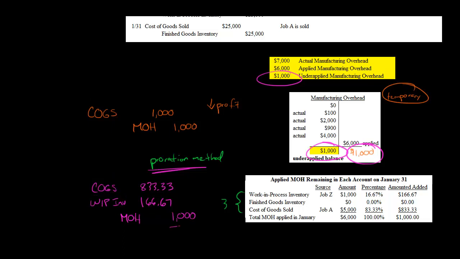Either way, we're going to be crediting the manufacturing overhead account because we need to zero it out. The difference is, in one case, we're just debiting cost of goods sold alone. In the other case, we could be debiting cost of goods sold, work in process inventory, and possibly finished goods, although not in this example.